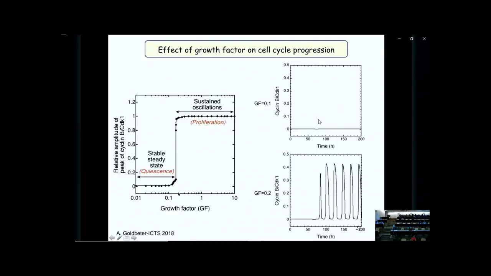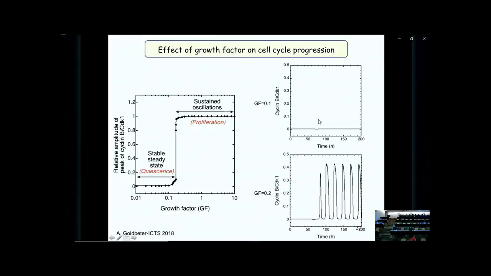We are here, and you see that we are in the region of sustained oscillations. So what is shown here is the maximum of the oscillations that are shown here on the bottom right. We have an all-or-none amplitude. The amplitude of the peak is plotted on the right part.